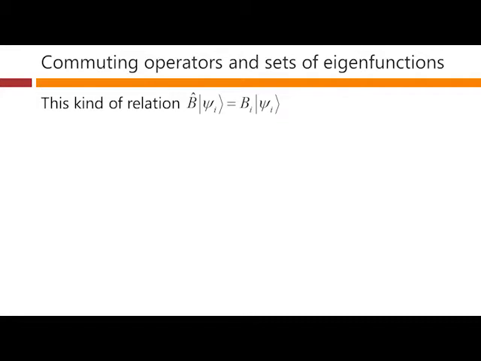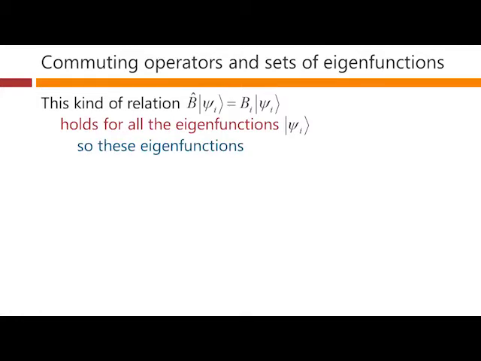This kind of relation, that B operating on psi I gives us a number bi times psi I, holds for all of these eigenfunctions. We didn't care which of the eigenfunctions we chose for this particular proof so far. So these eigenfunctions are also the eigenfunctions of the operator B, because this is just an eigenequation. And this has to hold for all of these eigenfunctions.